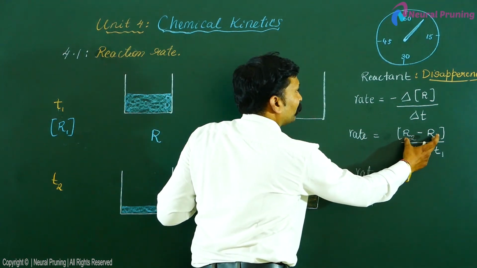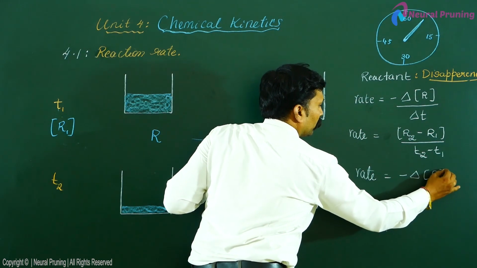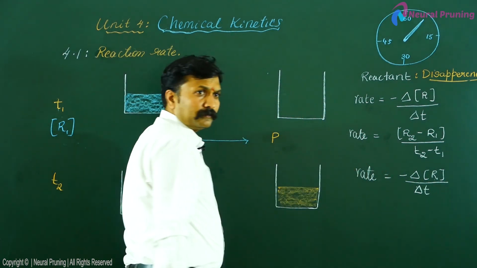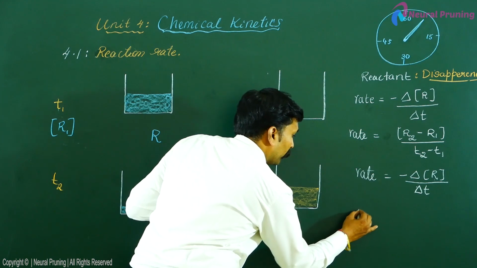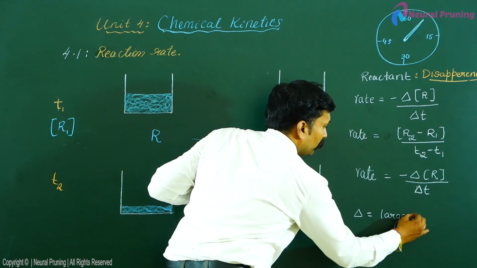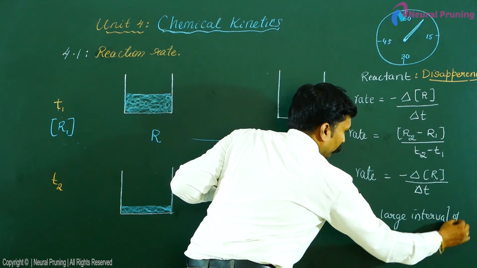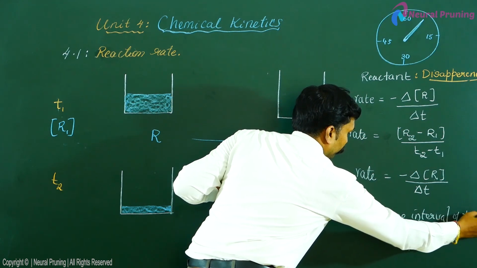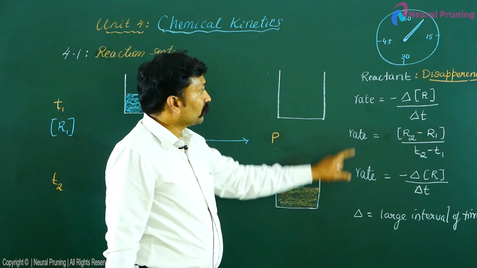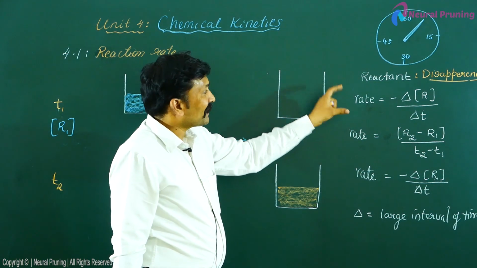The difference of these two reactant concentrations we write as delta R by delta T. Delta in the rate expression represents a large interval of time. Delta represents what? A large interval of time. So these are the expressions we have done with reference to reactants.